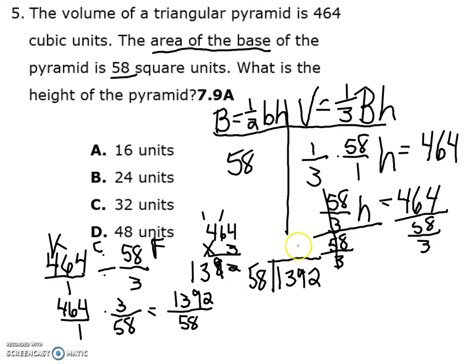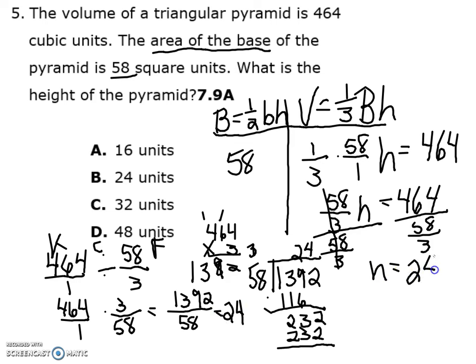It's going to go in there 2 times. 2 times 8 is 16. 2 times 5 is 10. Plus 1 is 11. Subtract. And we're going to try to go in there 4 times. 4 times 8 is 32. 4 times 5 is 20. Plus 3 is 23. So we're looking at a height, H equals 24 units. B.